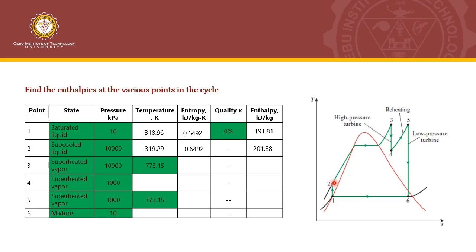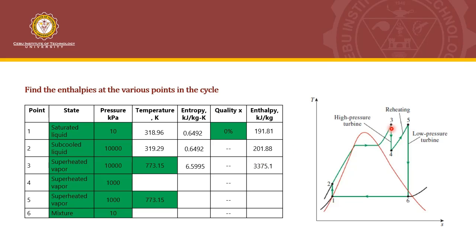And then we have point 3. Point 3 is given. It's a superheated vapor with 10,000 kilopascal pressure and a temperature of 500 degrees Celsius, or in Kelvin, that is 773.15. So since I have two properties here, I will just input that value in the software so I can get the entropy as well as the enthalpy.